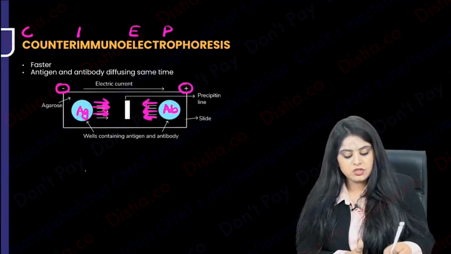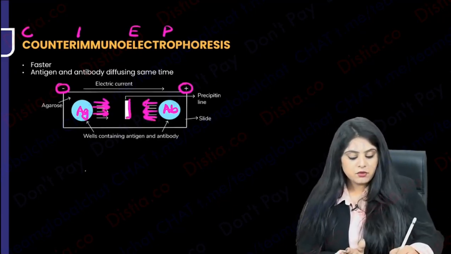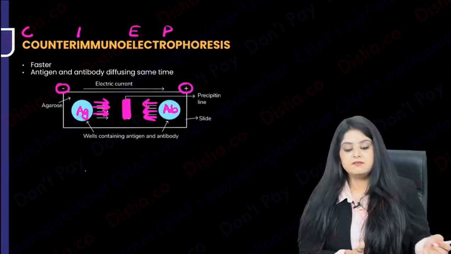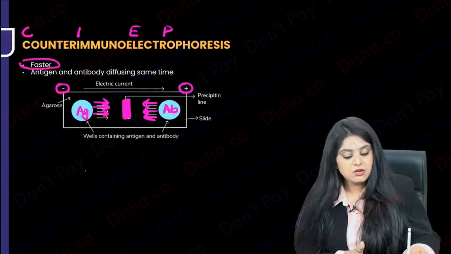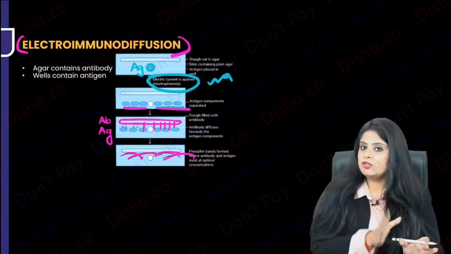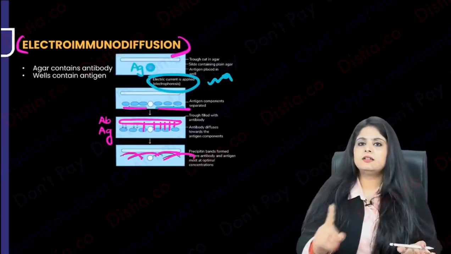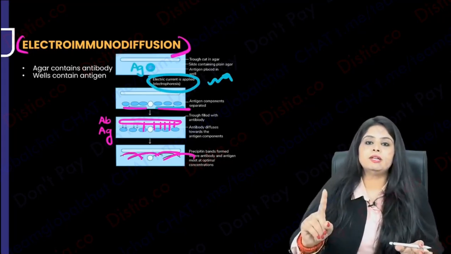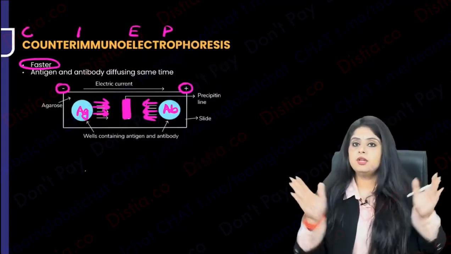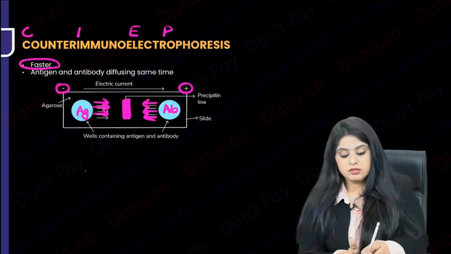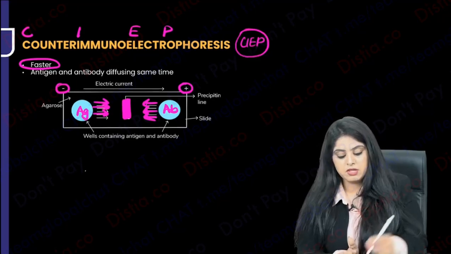It is a mutual attraction. Don't you think the line that forms at their junction will be even faster? Repeating: in electroimmunodiffusion, there was a current on one side and only the antibody was going. Here, antigen and antibody both move, so counter immunoelectrophoresis is much faster.